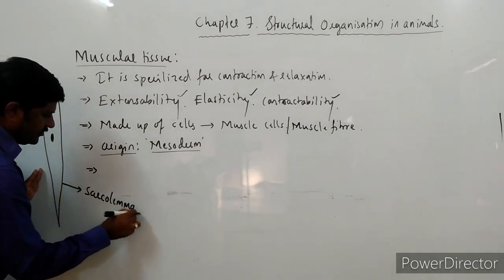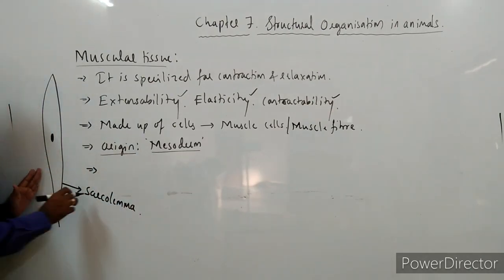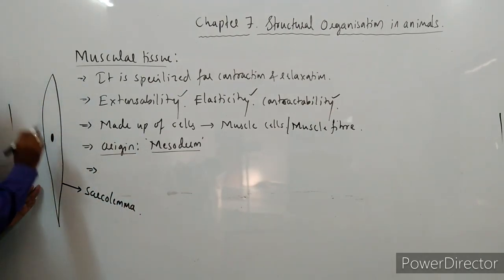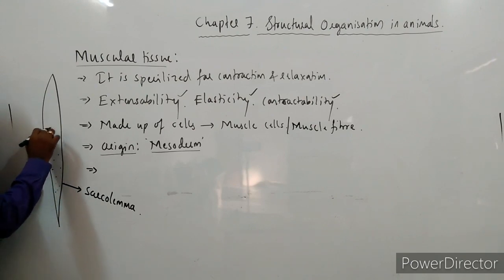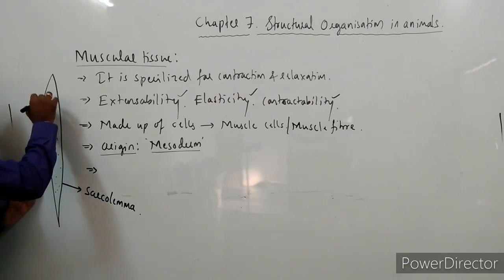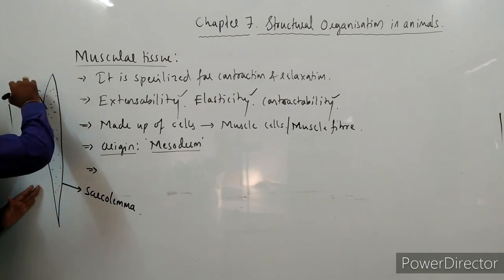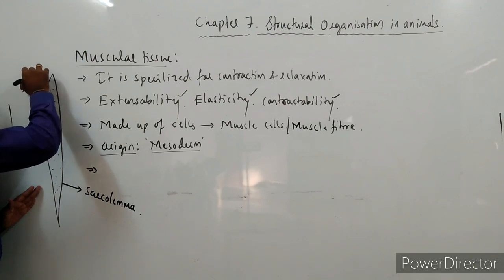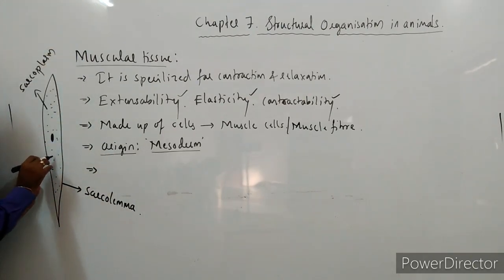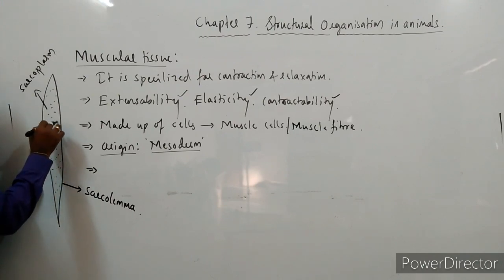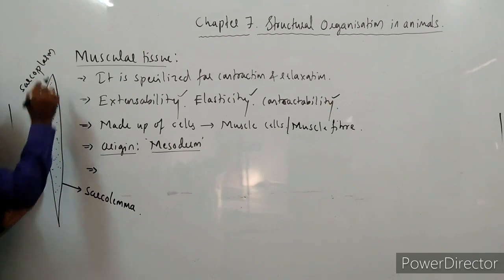Remember all these terms, very important terms. These are sarcolemma. And so this cell has the cytoplasm within it, and that cytoplasm is called sarcoplasm, and it has the endoplasmic reticulum present within it, in muscle fibers, right?